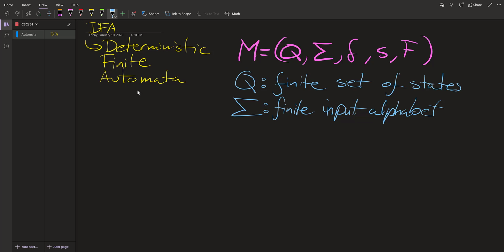So for example, A, B, C, or 0 or 1, alpha, beta, however you want to define this alphabet, it's a set of input symbols. So let's call that an alphabet.